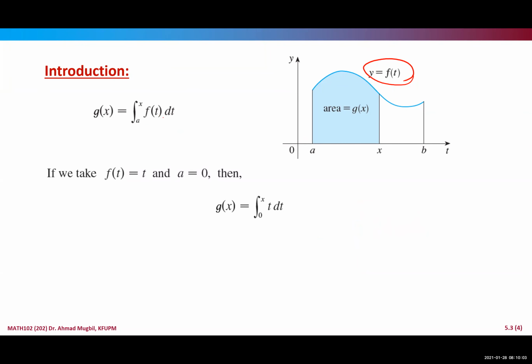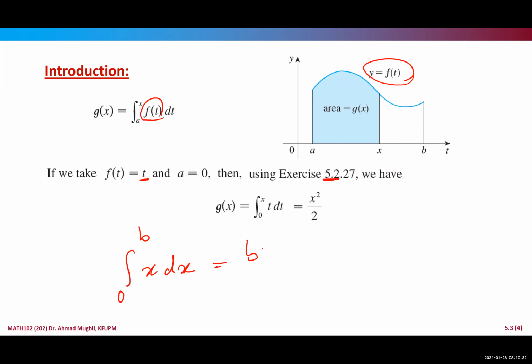For example, take f of t to be t, and a to be 0, just as an example. So this will be the integral from 0 to x of t dt. What is this? Do you remember from section 5.2, this is an exercise, that the integral from 0 to b of x dx was b squared over 2?